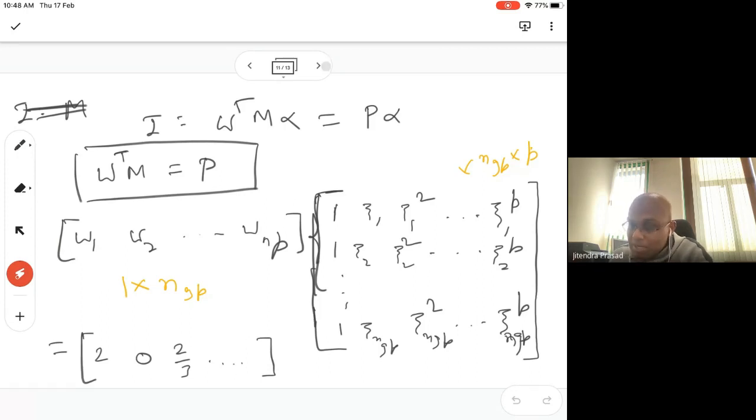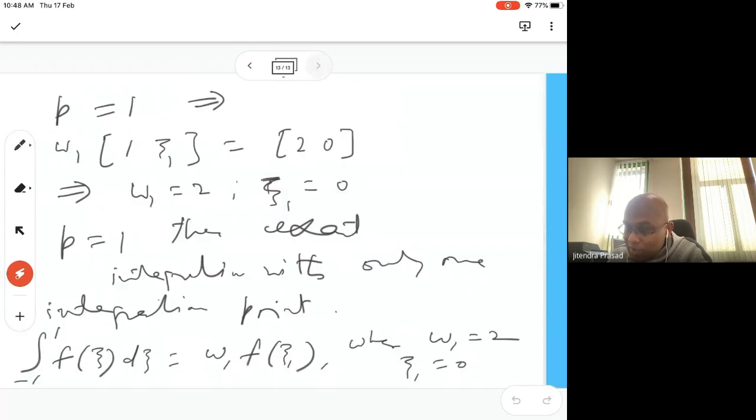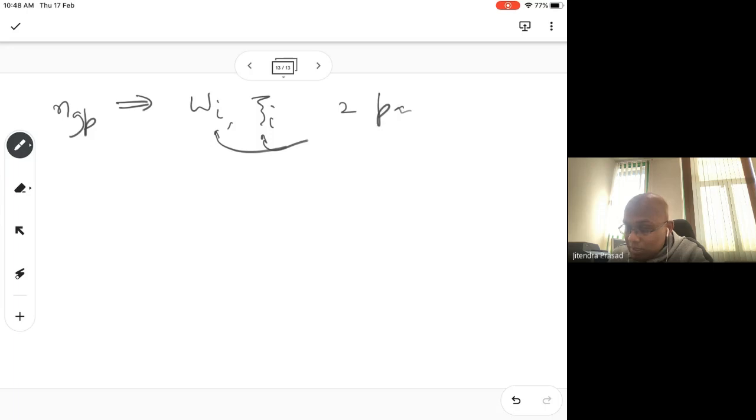So in general, we can generalize that NGP will have Wi's and Xi's, so two parameters per integration point. So 2 times NGP is the degrees of freedom in a way.